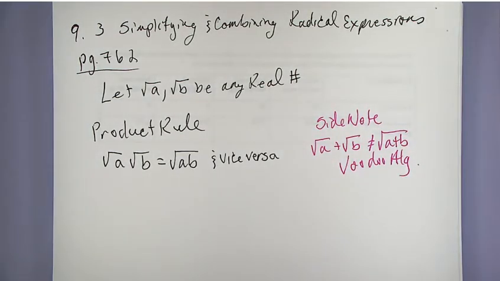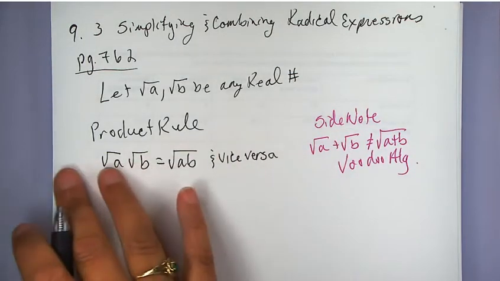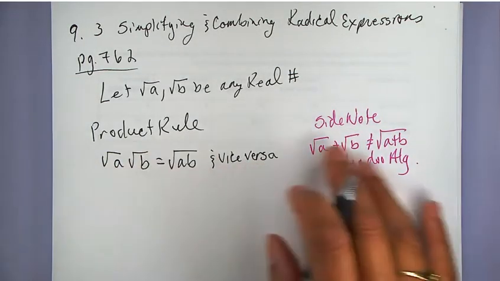So do not try that in your problems. You can multiply under the radical, but you cannot add or subtract and combine them under the radical. It only works for multiplication. Let's do the quotient rule while we're at it. You might as well kill two birds with one stone.